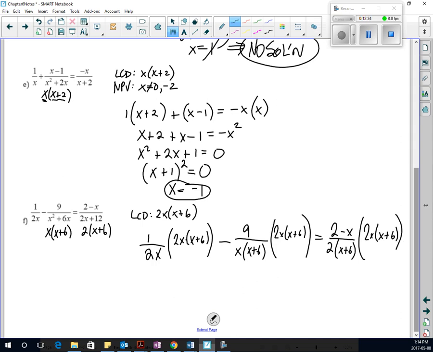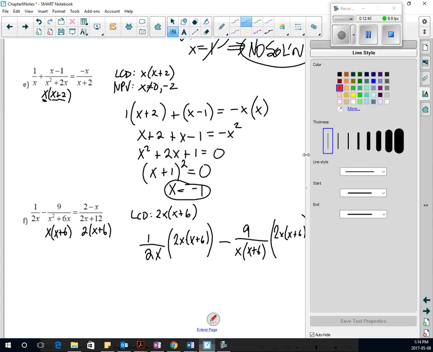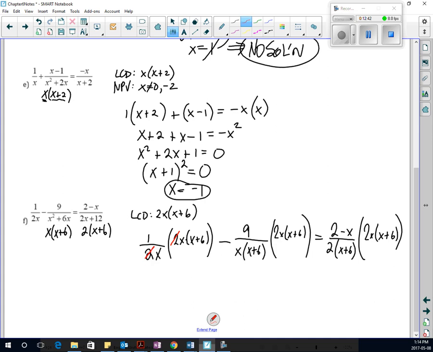So the reason I'm showing my steps is just in case this one's a little bit more complicated of an LCD. So the 2 will cancel and the x will cancel. Here, the x will cancel and the x plus 6 will cancel. Here, the 2 will cancel and the x plus 6 will cancel.